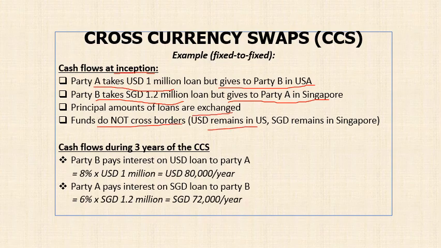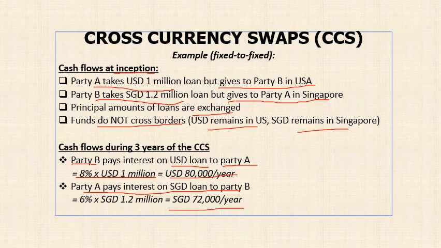The cash flows during the 3 years of the cross-currency swap will be as follows. Regarding the interest, Party B pays interest on the USD loan to Party A. That is 8% of the USD 1 million, which is 80,000 per year, will be paid by Party B, which actually gets the US dollar funding. And Party A pays interest on the Singapore dollar loan to Party B at 6% of Singapore dollar 1.2 million, that is 72,000 Singapore dollars per year.